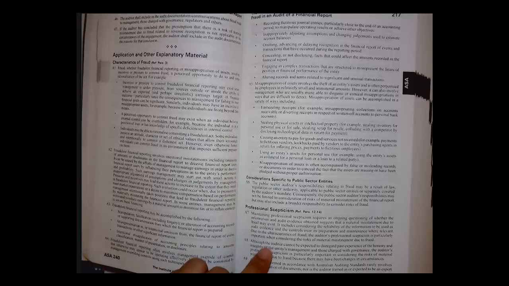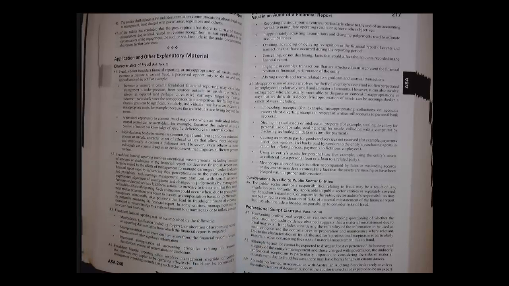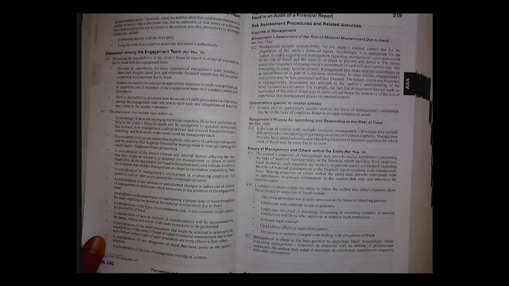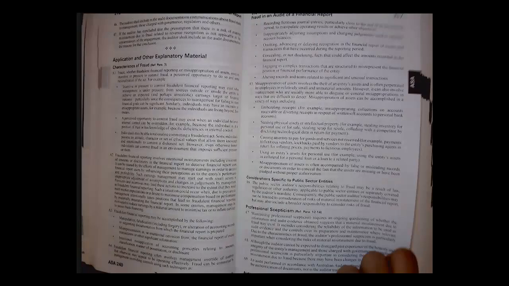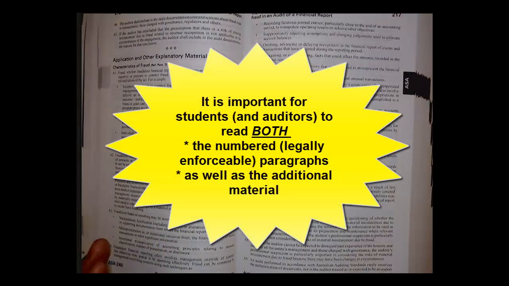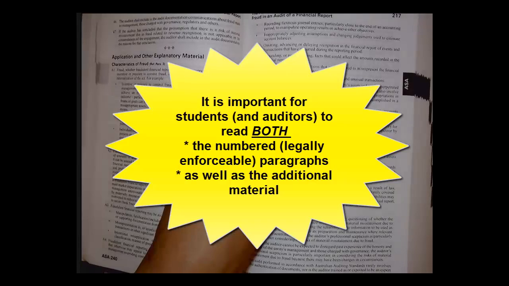Here in these explanatory paragraphs, it discusses what it means to have professional skepticism. So those are really important. So make sure you read, when you're looking at your auditing standards, not just the numbered paragraphs, but also the explanatory material as well.